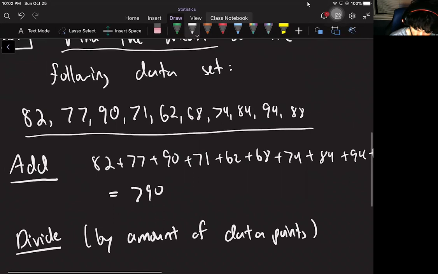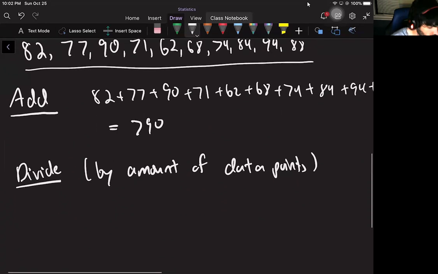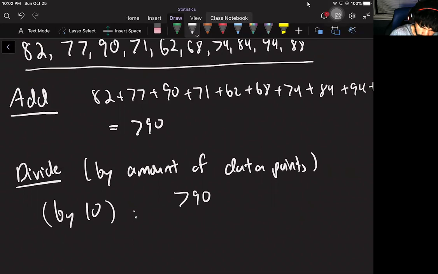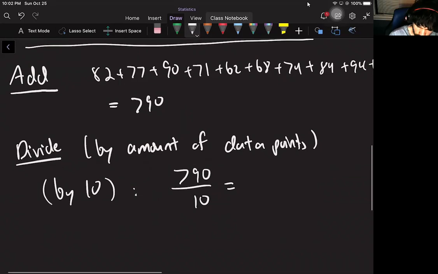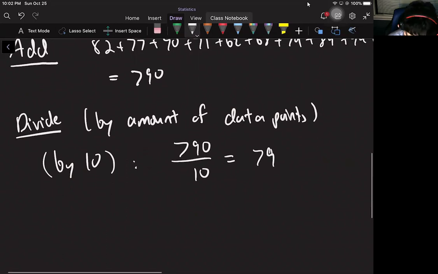So you got to go back and count, and you'll see that there's 10 of them. So here I have to divide by 10 specifically. So all I do is I take 790 divided by 10. Again, this one I can do in my head, but oftentimes you'll need a calculator for this division. Okay, so 79. So that means that the mean is 79.